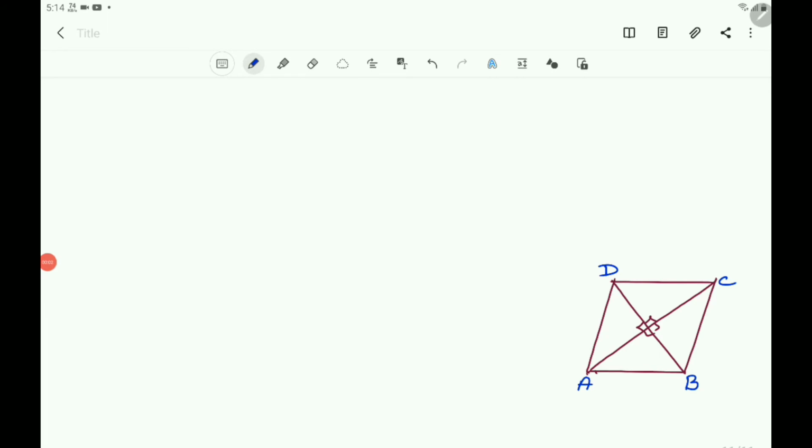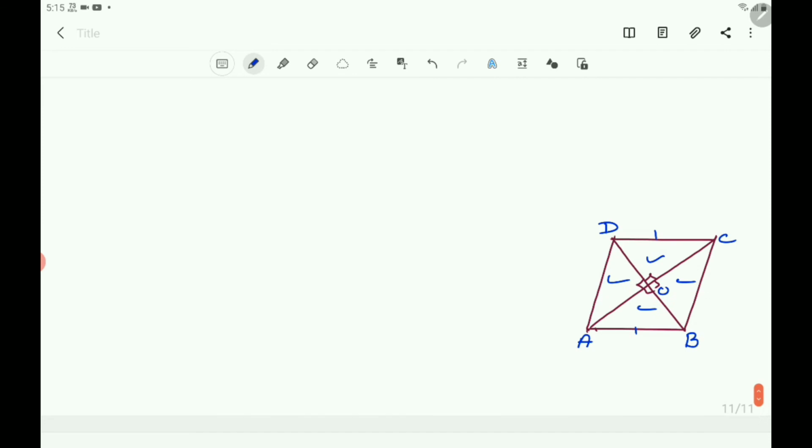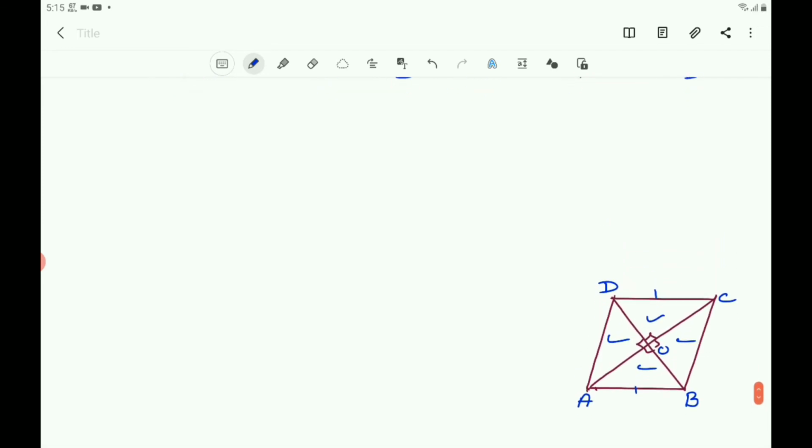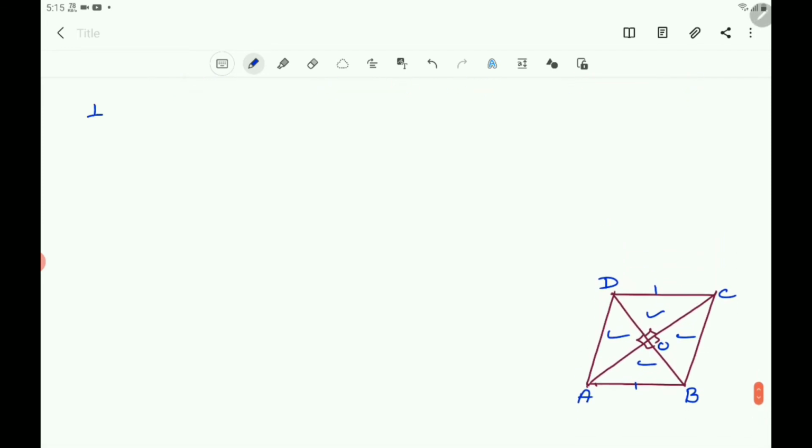Here you proved AB is equal to CD by taking these 2 triangles. Now you take these 2 triangles: triangle OAD and triangle OBC.